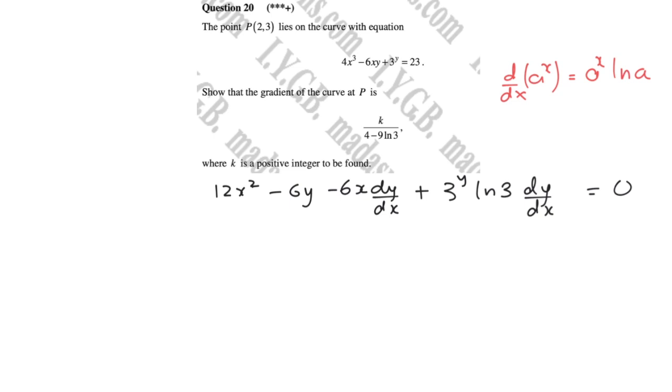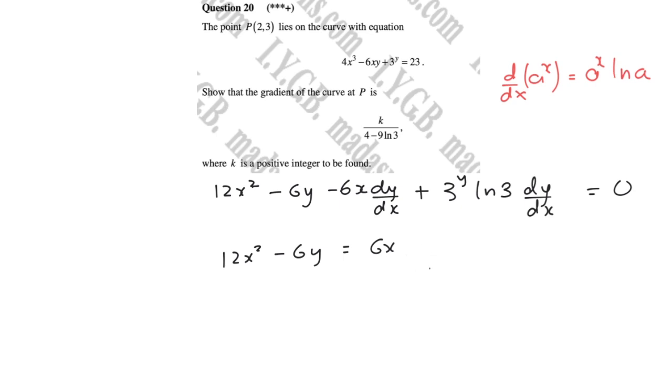Now from here, we will collect all the like terms. So we have 12x squared minus 6y equals, I'm going to move everything else to the other side, so I will have 6x dy by dx. Or rather, I'm just going to factorize it as well.